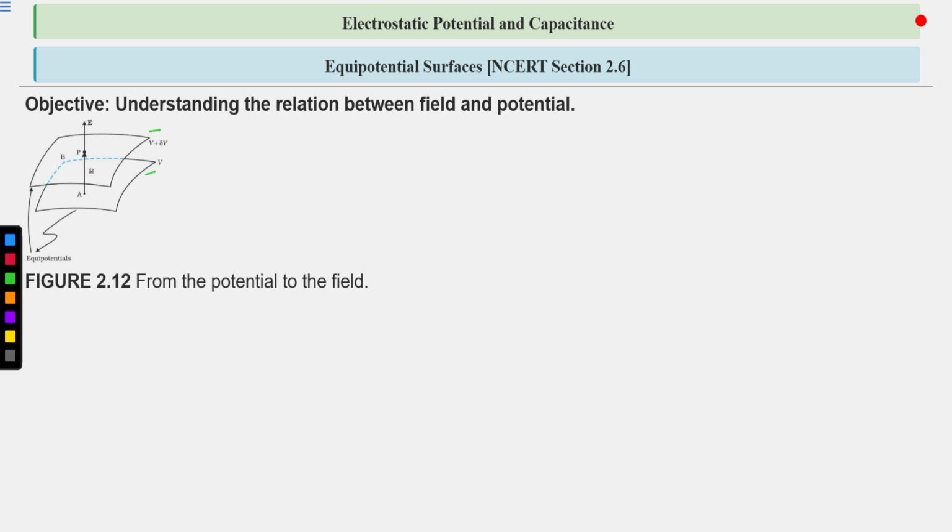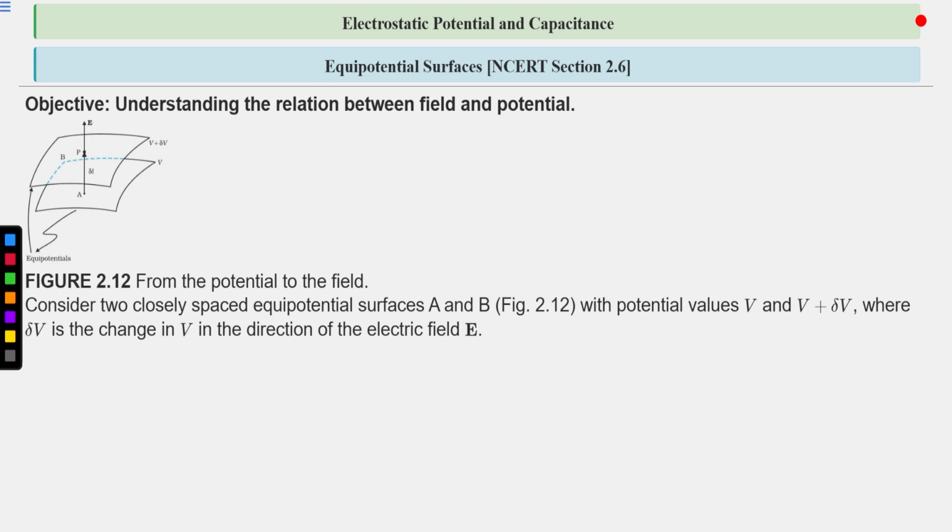So this is equipotential surface A, this is equipotential surface B. This is point P, the electric field has direction upward, and this is delta L, the distance between these two equipotential surfaces.